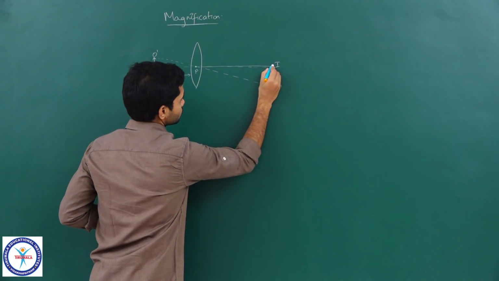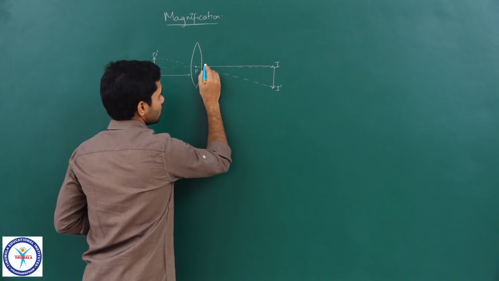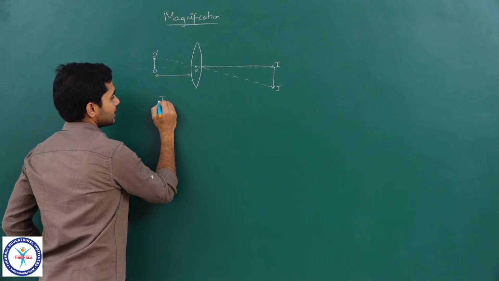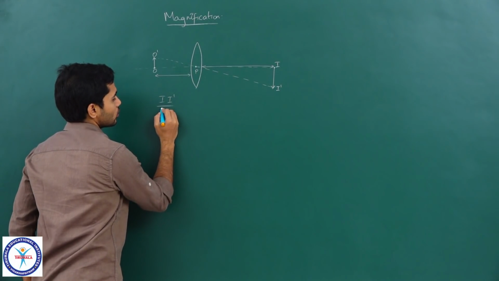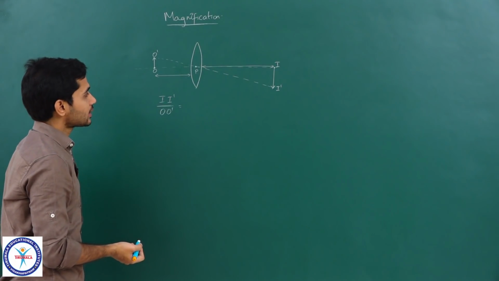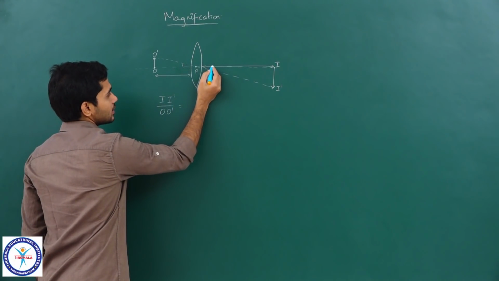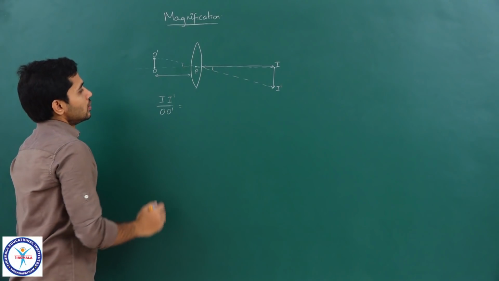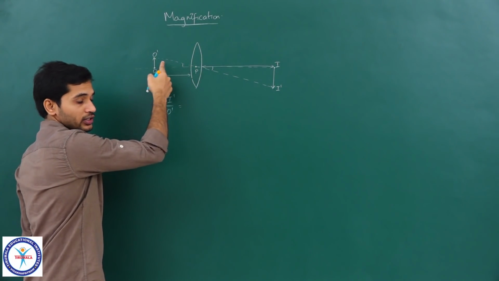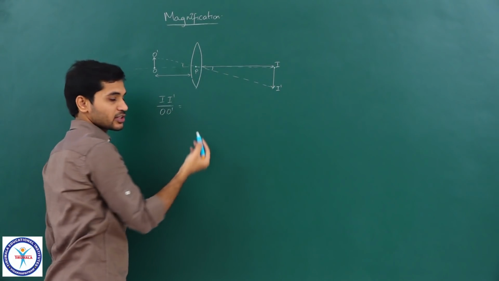So, this will be the image distance. So, magnification can be taken as I dash by O dash, correct. That is what I will have to calculate. So, this angle and this angle will be same. So I know that the small right angle triangle on the left and the one on the right are similar triangles.